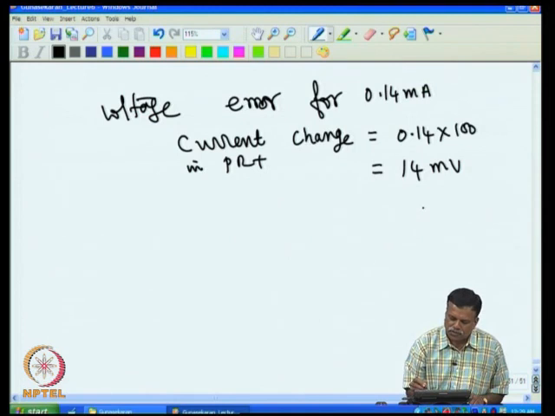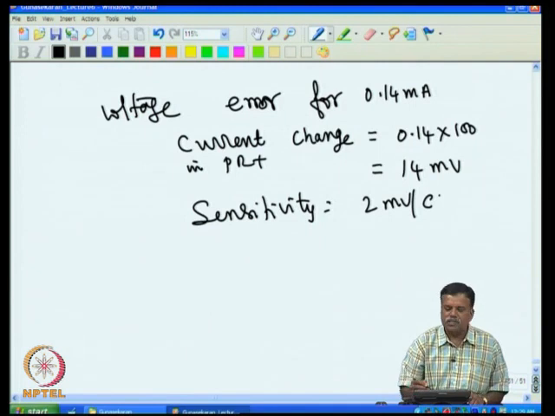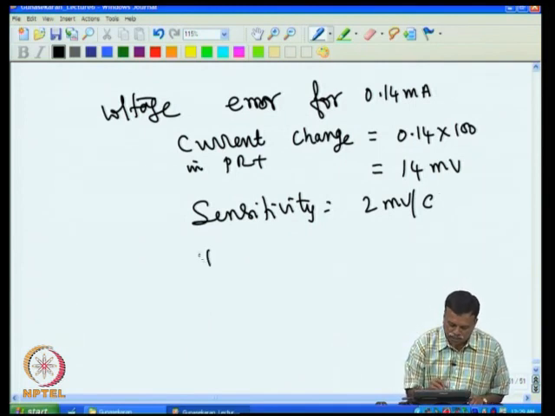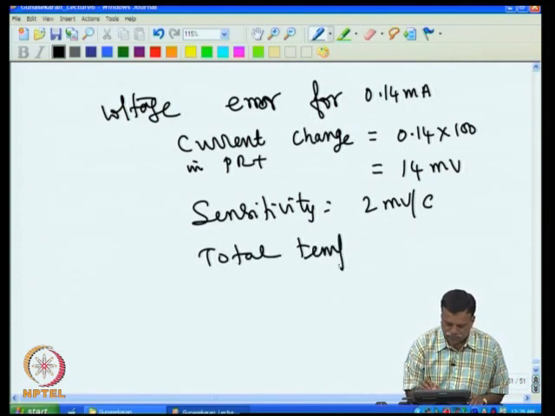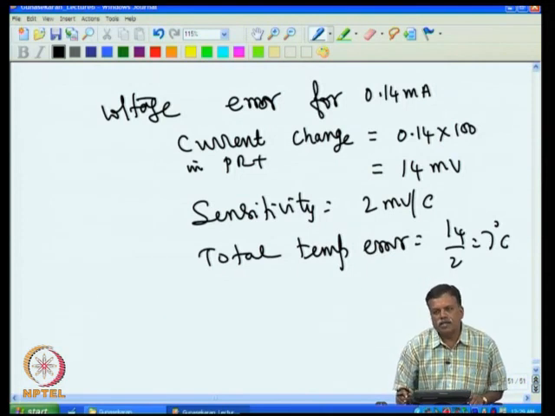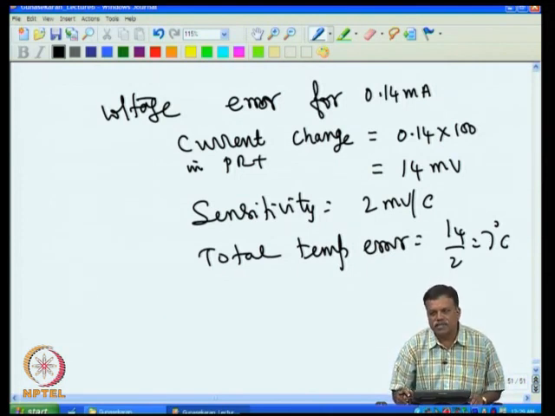That is 14 millivolt, but we know the sensitivity is equal to 2 millivolt per degree C, because a 2 millivolt change we take as 1 degree C. So 14 millivolt gives a total temperature error of 14 divided by 2, that is 7 degree C. So with the resistance drift, our temperature measurement will go wrong by 7 degree C.